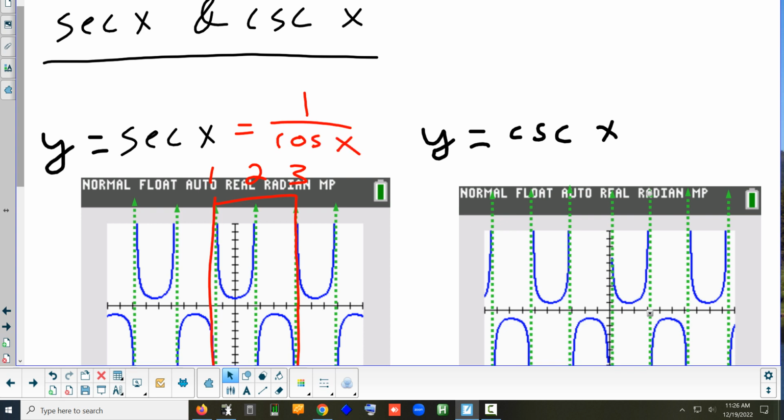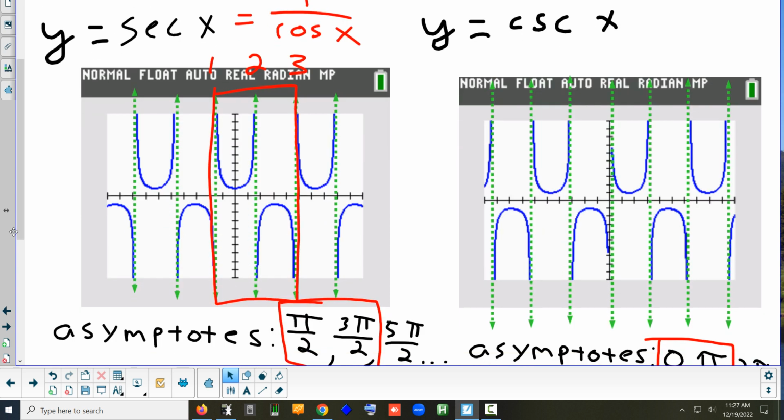The only way for a fraction to ever equal 0 is if the top is equal to 0. And in the graph of secant, the numerator is a 1. So these graphs never hit the axis. In fact, they never go between -1 and 1.